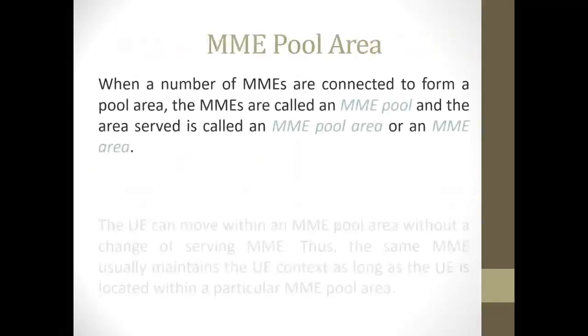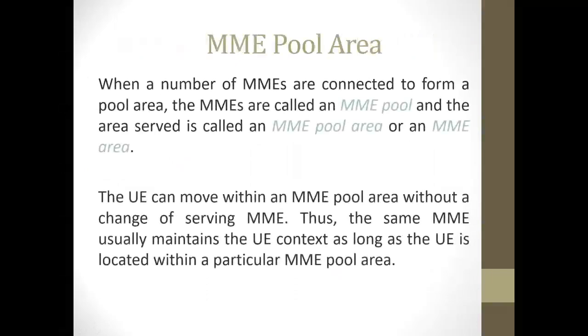Now, there is again something called MME pool area. We know that there are MMEs in the core network, and a number of MMEs can optionally be connected to form a pool area. These are called an MME pool.